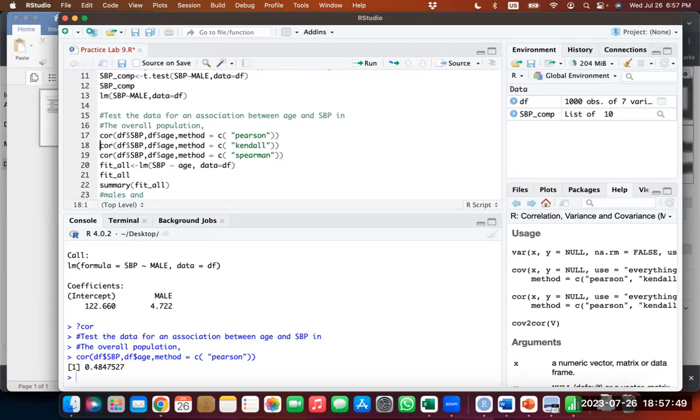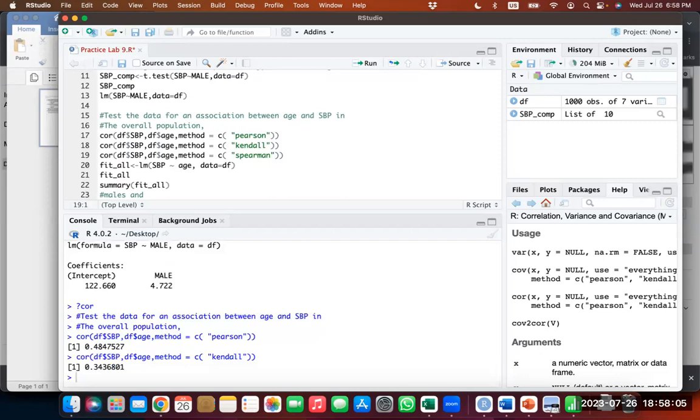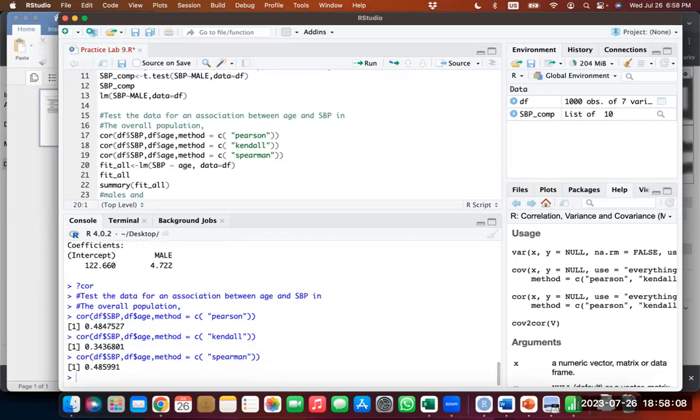The closer it is to 0, the less of an association there is. So 0.48 is actually not that terrible. As per Cohen's definition, this is a large correlation, or at least medium. Kendall gives us 0.43. Spearman, equally generous as Pearson, gives us 0.48. So we can conclude that there's an association, right?